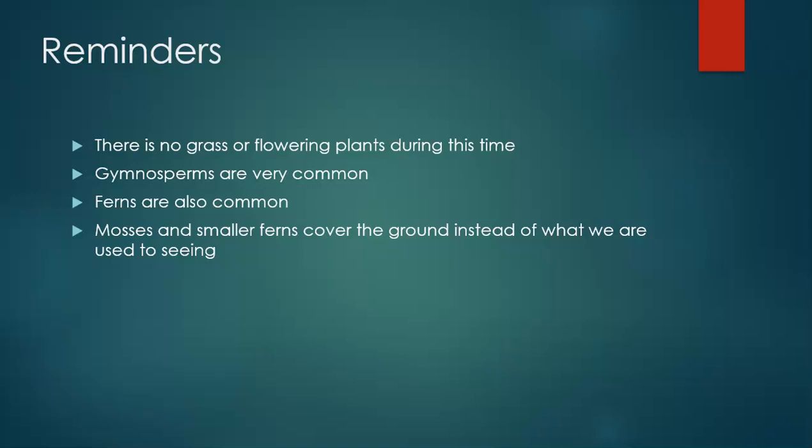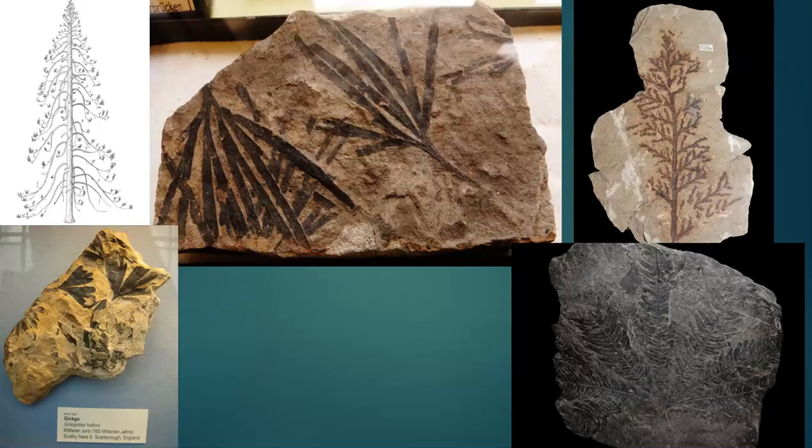We also have a lot of ferns, as well as mosses that are going to be covering the ground instead of grass. So, thing to keep in mind is that the animals that we're going to be discovering, for the most part, especially within the Mesozoic, never would have seen grass, and most of them wouldn't have seen anything like flowers either. So, a very different environment than what we were used to. But that's the way things were back then.